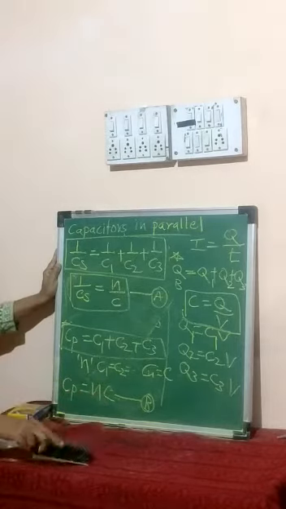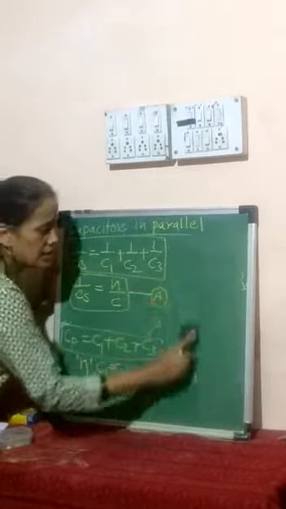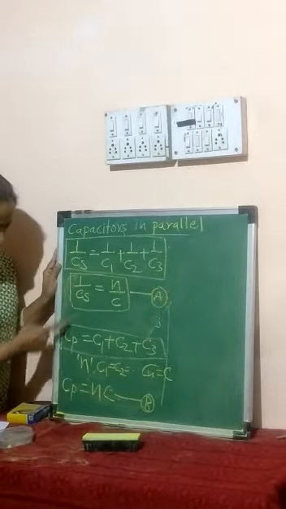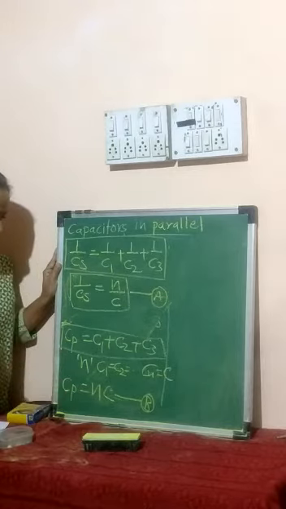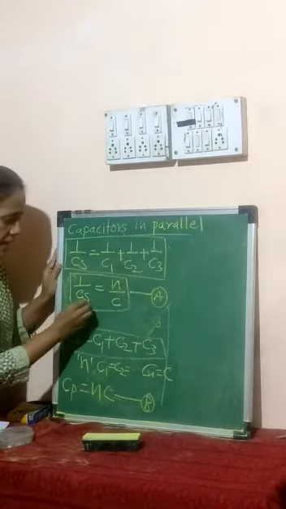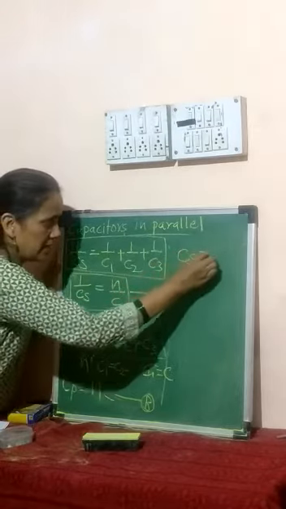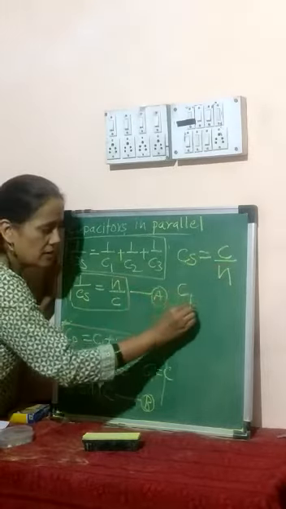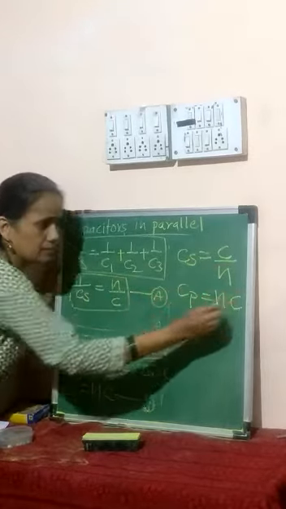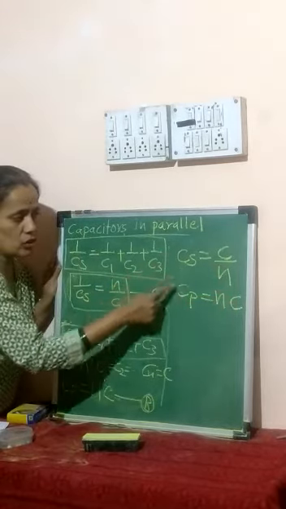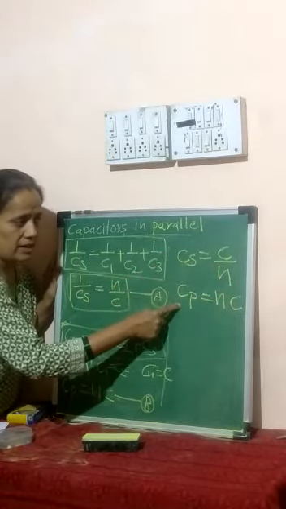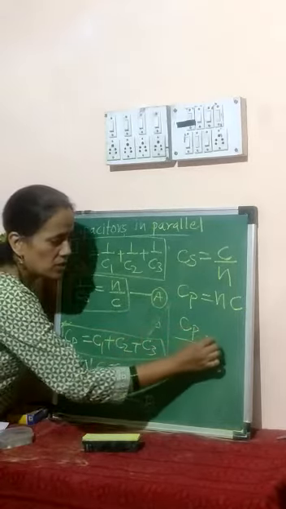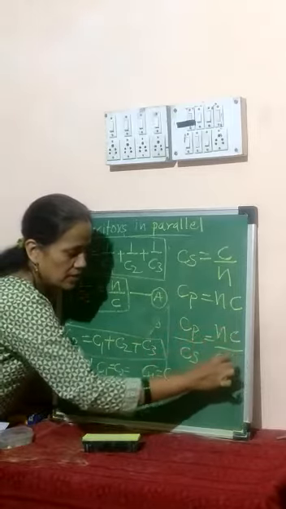Now if I take the ratio of Cp and Cs: equation A can be written as Cs is equal to C upon n, just by cross multiplication, and Cp is equal to nC. Taking the ratio, Cp upon Cs means nC upon C by n.